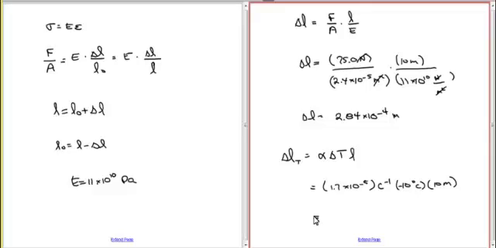So we take 1.7 times 10 to the minus fifth times negative 10 times 10 meters, and we get delta L due to temperature is 1.7 times 10 to the minus 3 meters.